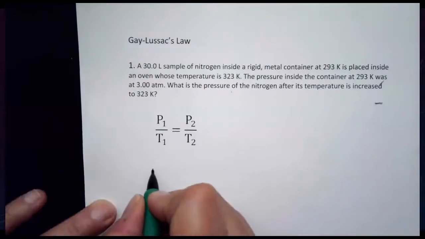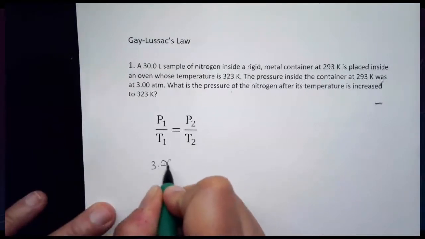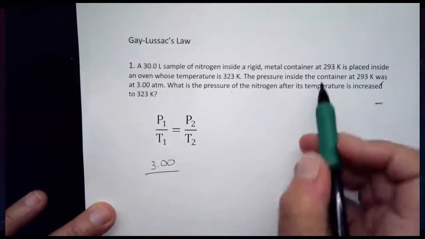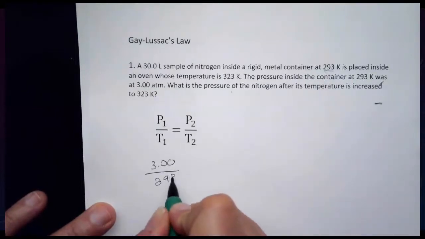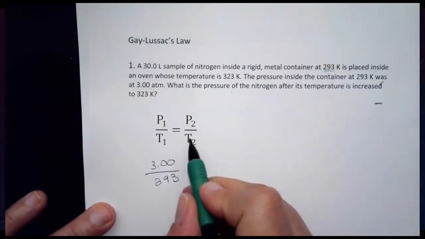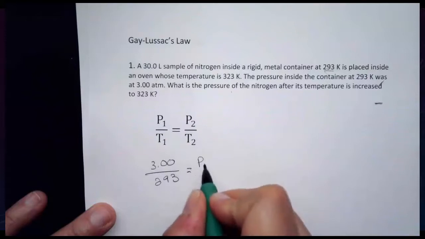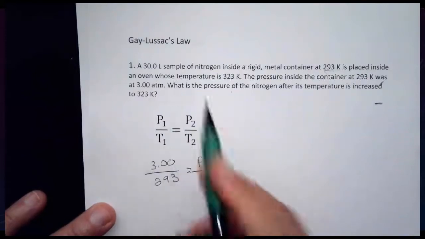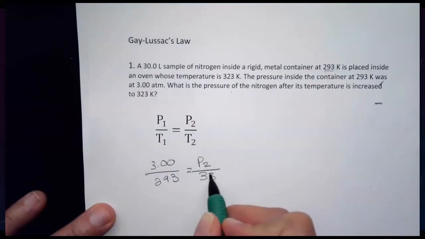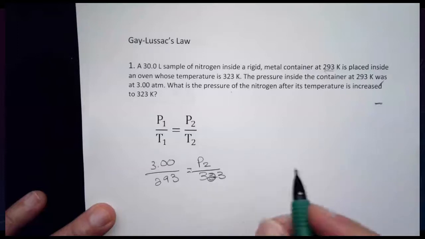So pressure number 1 is 3.0 atmospheres. Temperature number 1 is 293. Equals pressure 2, which is what we want to find out, and temperature 2 was 323. It's all in Kelvin, so that's good.